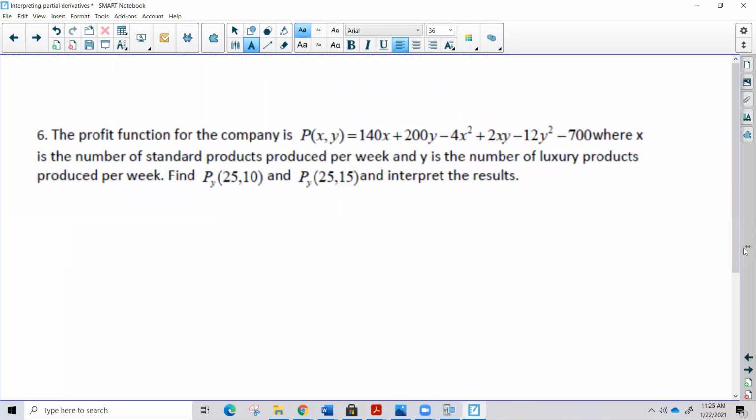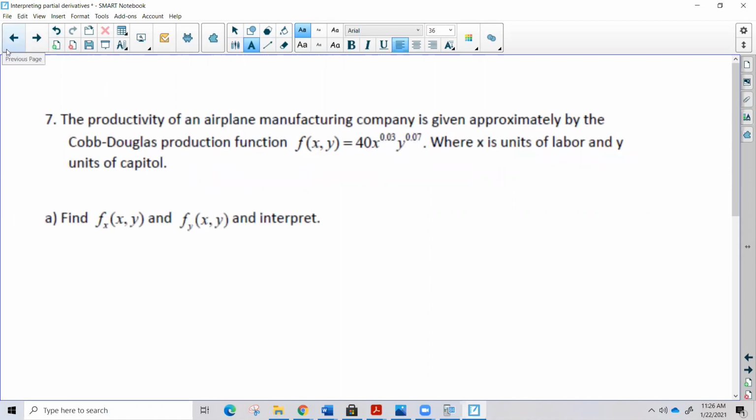Okay, so let's look at another example. Let's do number 7. The productivity of an airplane manufacturing company is given approximately by the Cobb-Douglas production function, which is f of xy equals 40x to the 0.03, y to the 0.07.